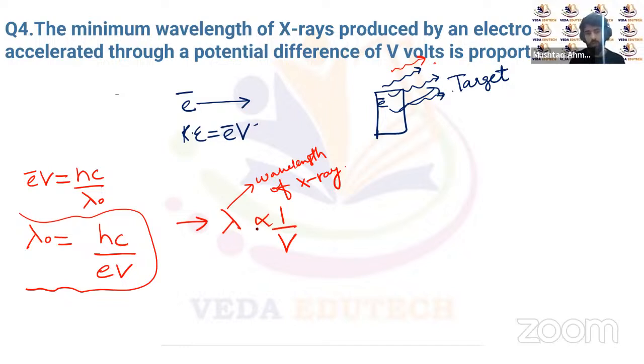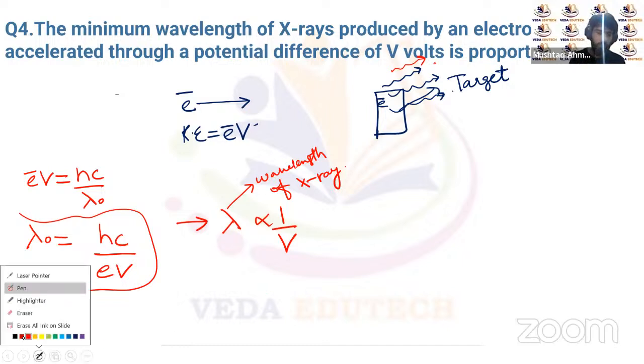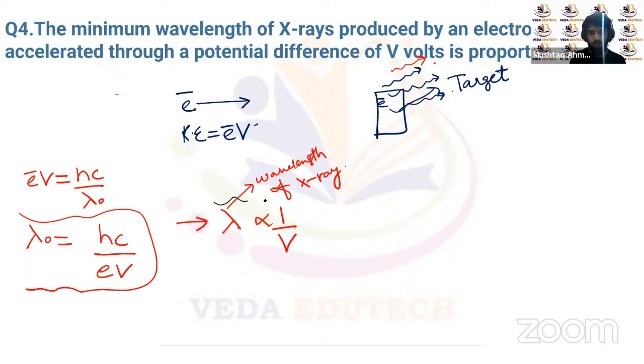Here we are talking about the wavelength of the X-ray radiation, which is inversely proportional to the potential difference through which the electron is accelerated. We need to remember this equation. It's a very important point. It was also asked last year in your NEET or JEE exam somewhere. So lambda is inversely proportional to the voltage or potential difference for X-rays.